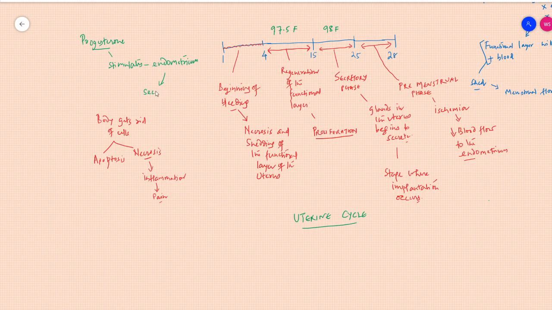Let me write it down here. Progesterone makes the uterus go into the secretory phase. And where is that progesterone coming from? It is coming from the corpus luteum.